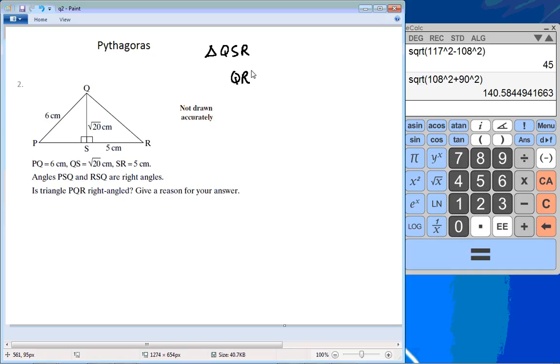So QR squared is going to be 5 squared plus square root of 20, then we square it. So this is 25. Square root and square cancel each other out. So that's 20. So this answer is 45. So the length QR is basically the square root of 45.